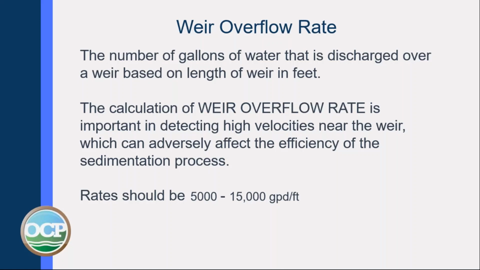The calculation of weir overflow rate is important in detecting high velocities near the weir, which can adversely affect the efficiency of the sedimentation process. Primary clarifiers should be designed so that the weir overflow rate should be between 5,000 and 15,000 gallons per day per foot of weir.